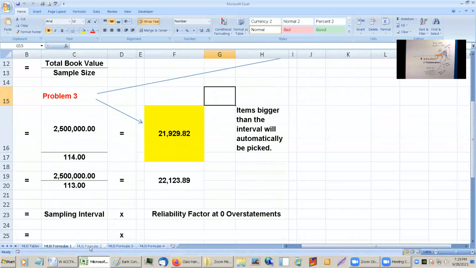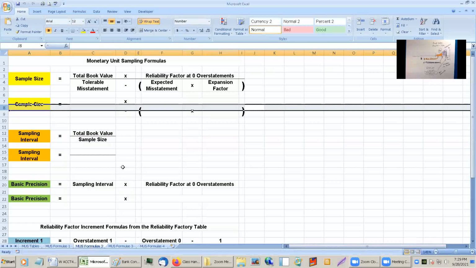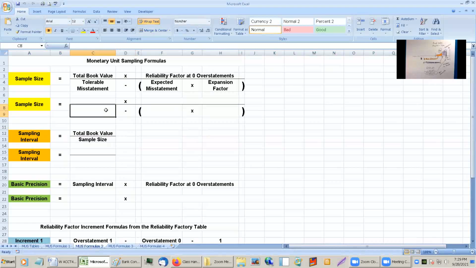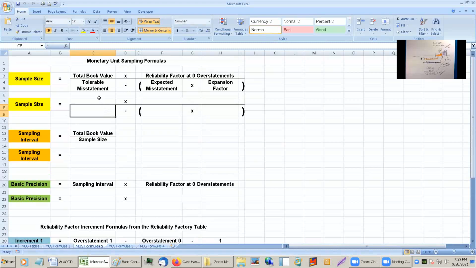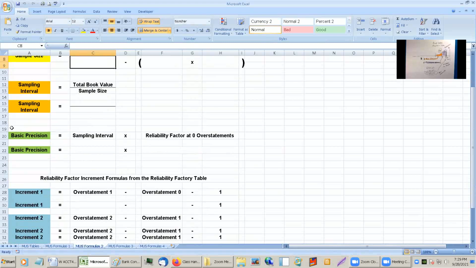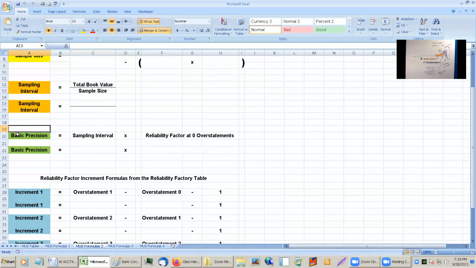So I'm going to go to a clean table. I'm going to say MUS formulas 2. And basic precision, this is going to be B. So this is problem number 5.